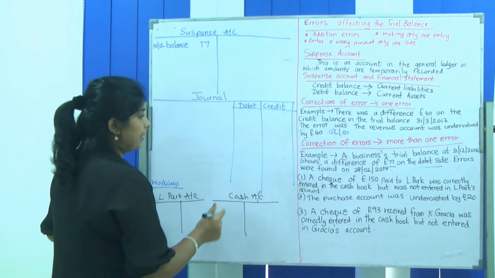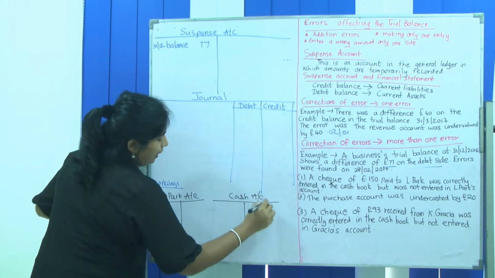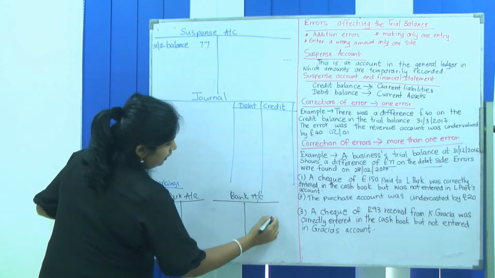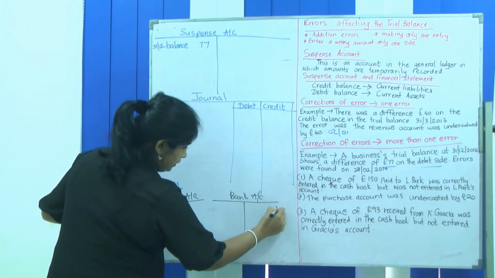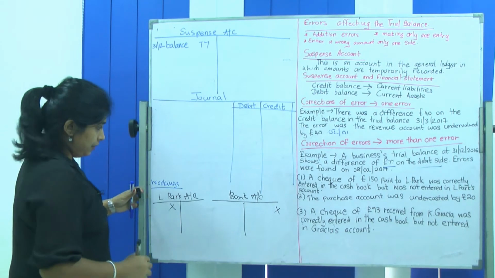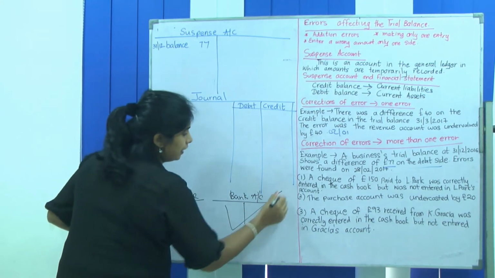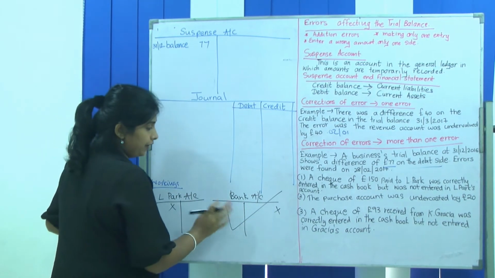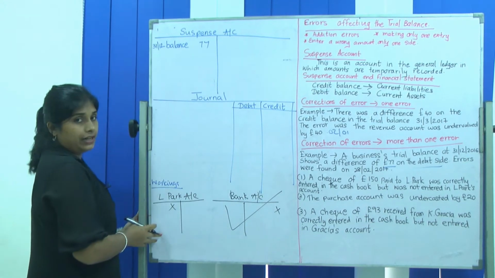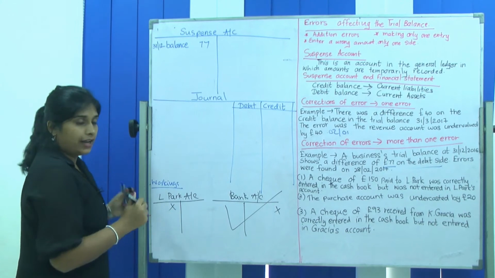When you pay a check from the cash book or bank account, it will be credited and L Parker's account should be debited. But the bank account was correctly entered, so there is no error there, but the bookkeeper has forgotten to debit L Parker.